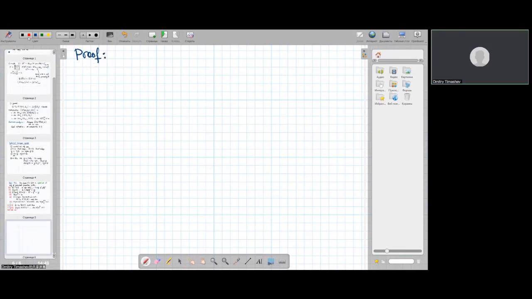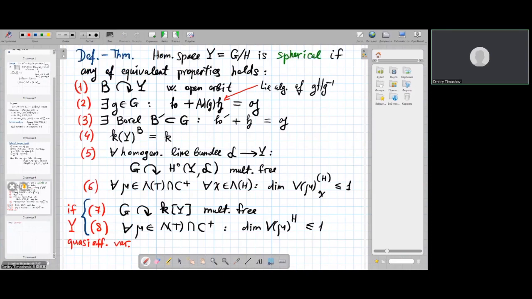First, let me explain why the first condition is equivalent to the second condition. Just to recall, the first condition is that the chosen Borel subgroup B acts on my homogeneous space Y with an open orbit.